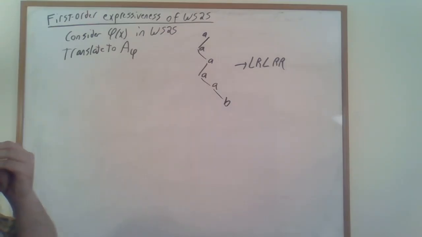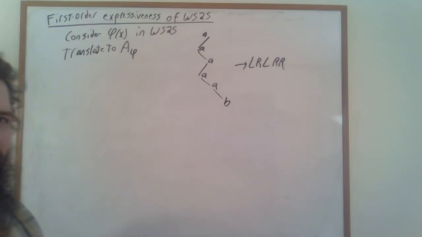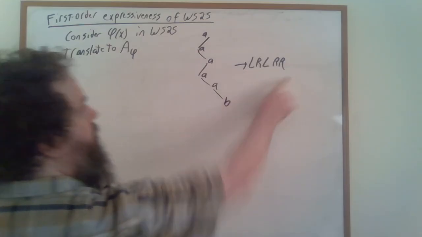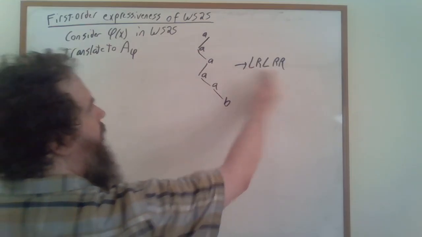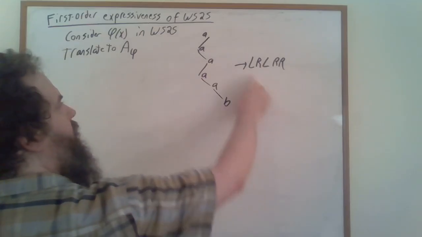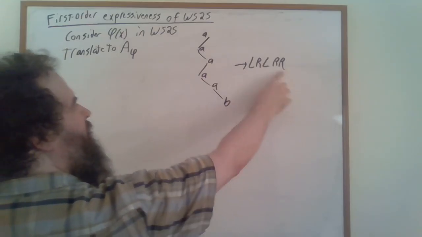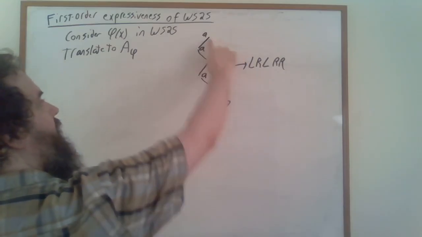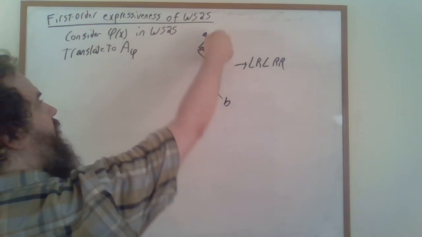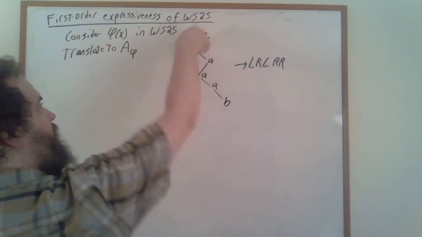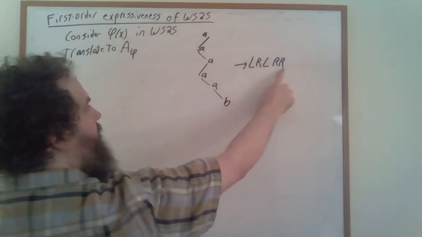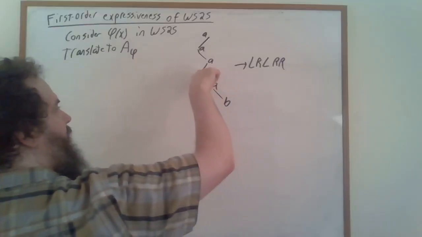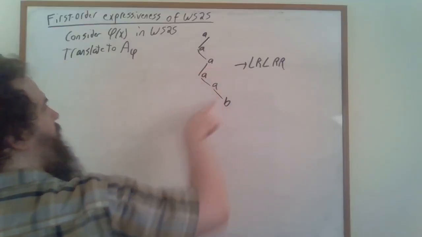And if you think about it for a little while, this is actually kind of weird. When we run a word through an automaton, we're working from left to right. Right? We read this character first and we read this character last. However, this character here corresponds to this branching direction up here. And this character here corresponds to the fact that we branched to the right down here.